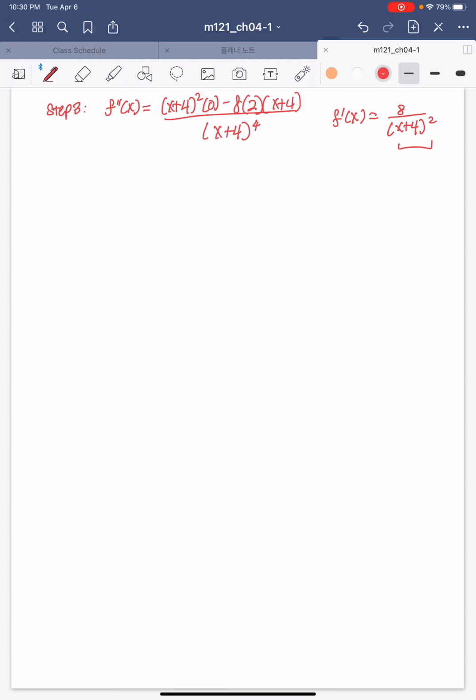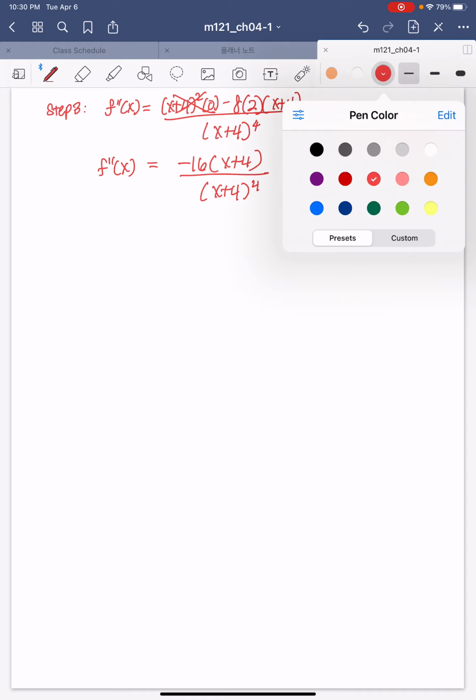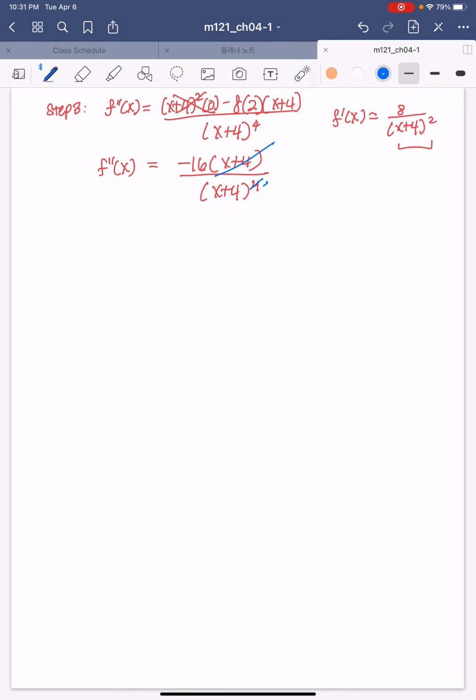So let's do some rearrangement. This part is 0 because I multiply by 0. In the numerator, I'm going to have negative 16 (x plus 4) all over (x plus 4) to the 4th power. We can cancel one of them here. So my final answer will be f double prime equals negative 16 all over (x plus 4) cubed. Okay.